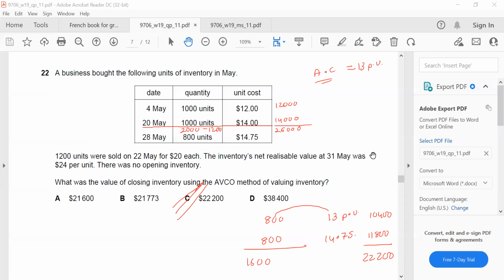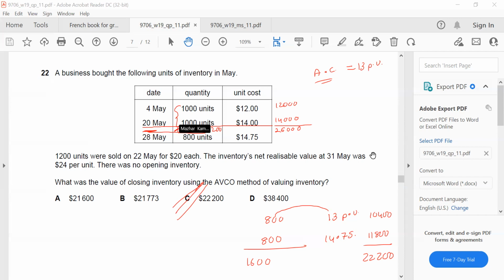Can you explain this again? Yes. What happened is that we have sold our inventory on 22nd May. So we will first find the average cost of these 2,000 units.